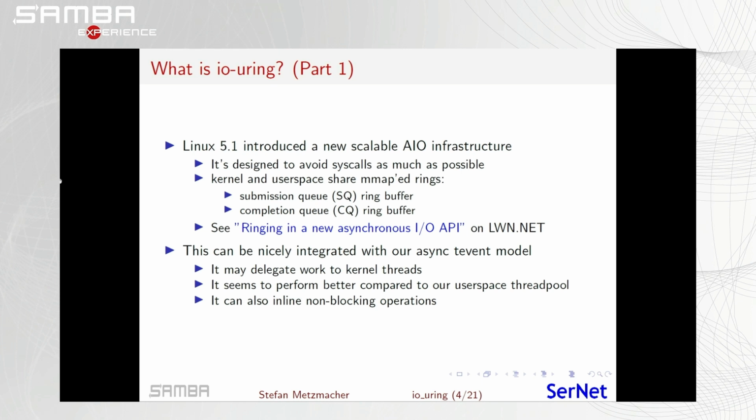And so far it looks like the overhead, even if they create kernel threads, is much less than using user space thread pools and something like this. And in some situations it's also possible that the kernel will not spawn any threads at all and do inline non-blocking operations, which is good for latency.